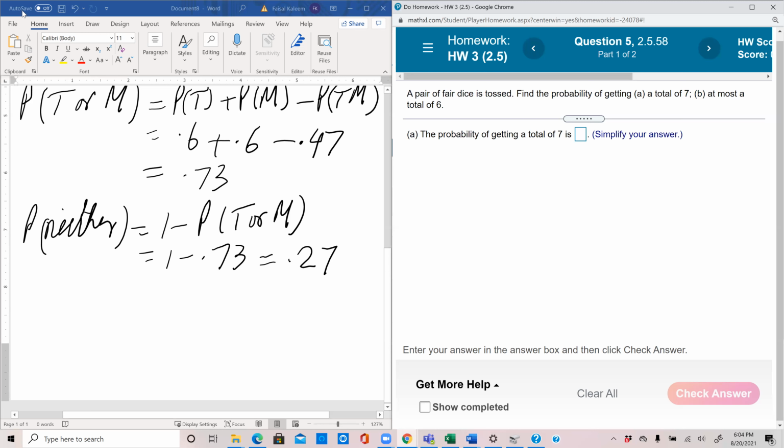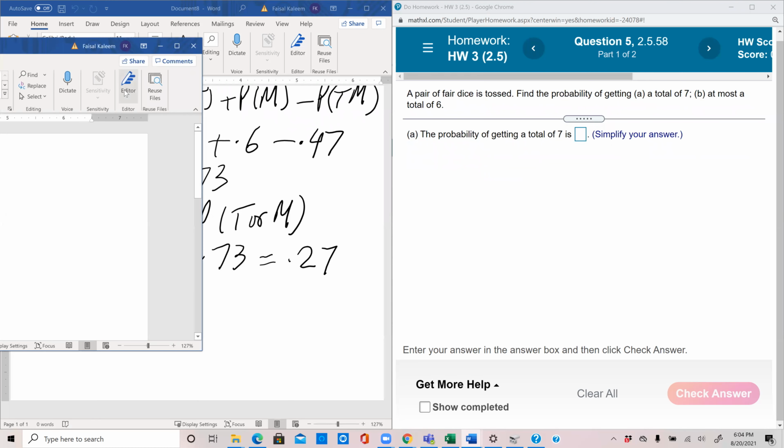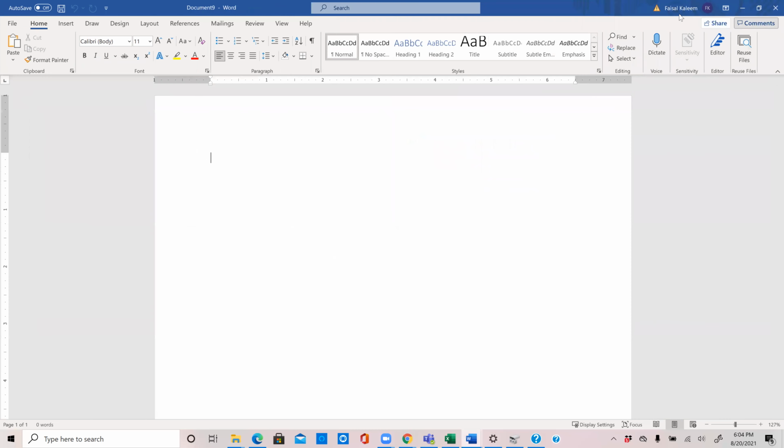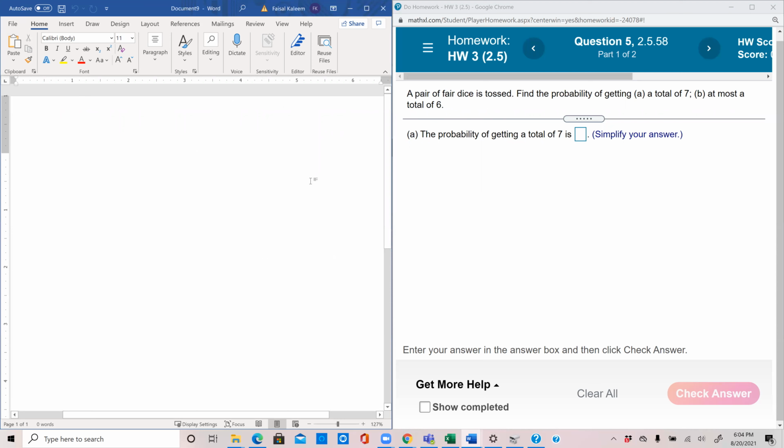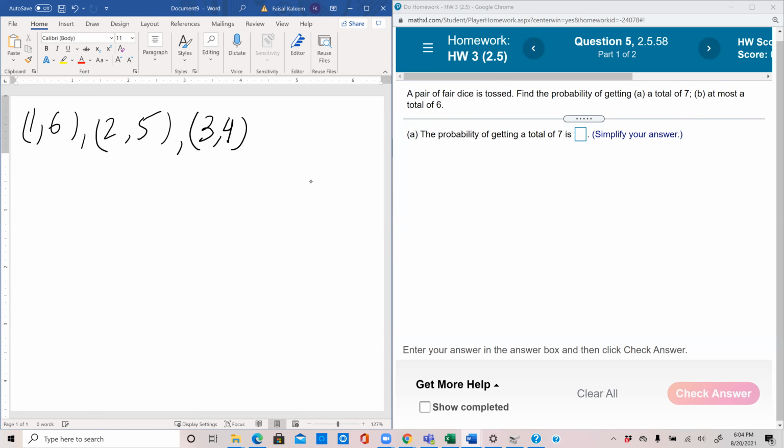So a total of 7 is obtained by the pairs 1,6, 2,5, 3,4, and then the reverse of these: 6,1, 5,2, and 4,3.